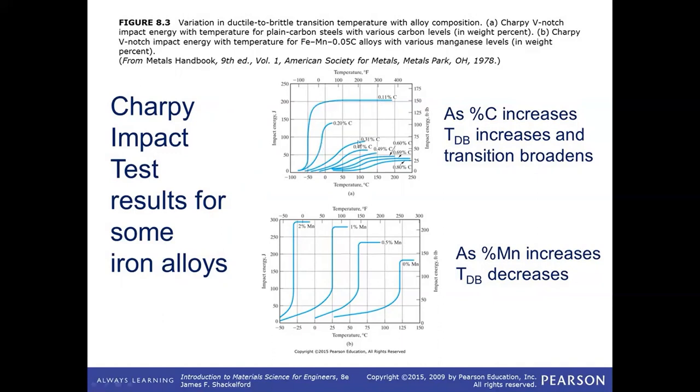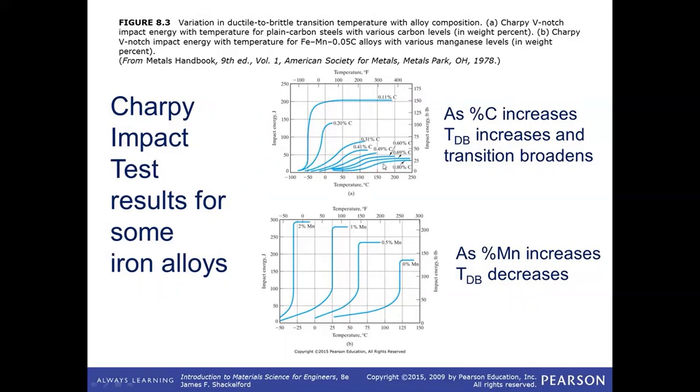As we alloy the material with increasing amounts of carbon, the transition temperature increases. Here at 0.2% carbon, the transition temperature is somewhere around -10 degrees C. Here all the way up at 0.8% carbon, the transition temperature is around 150 degrees C. So the 0.8% carbon steel is going to be brittle at ambient temperatures because its ductile to brittle transition temperature is around 150.